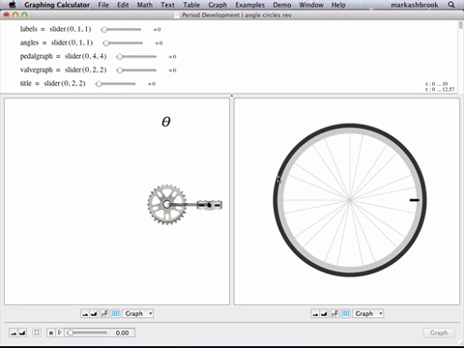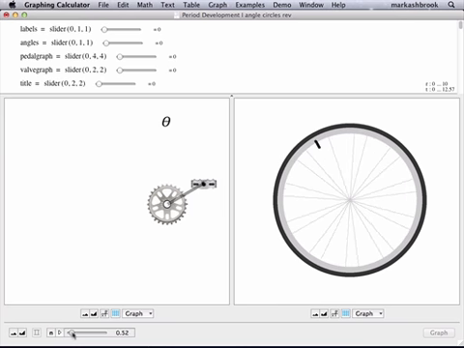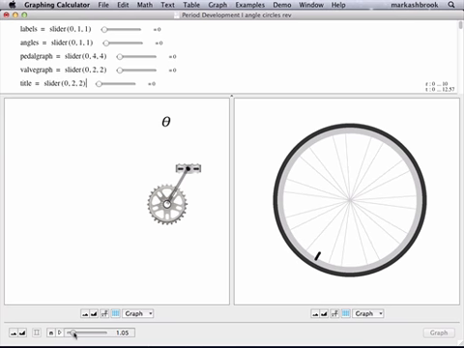The pedal here is on the left, turned with his hands, causing the bike's back wheel here on the right to rotate. For every 1 radian that the pedal turns, so I'm going to do 1 radian, so that's about 1 radian, the valve, did you see the valve turned 4 radians?